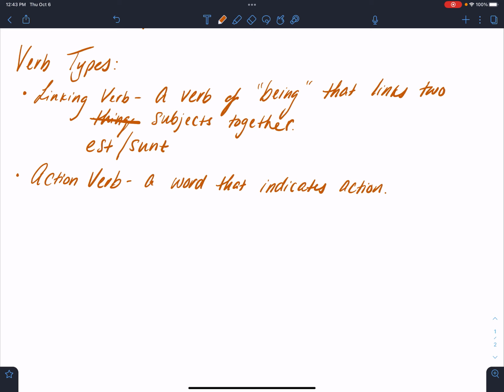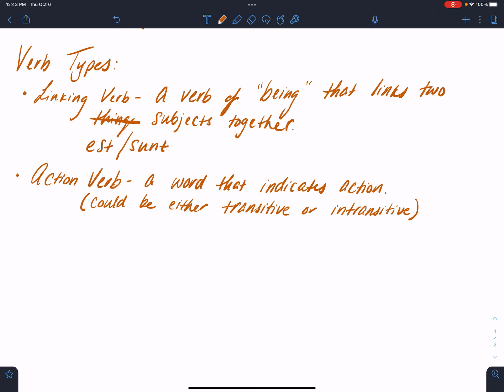Oh, transitive and intransitive verb. Good. Okay, so underneath we're just going to put in parentheses, could be either transitive or intransitive.